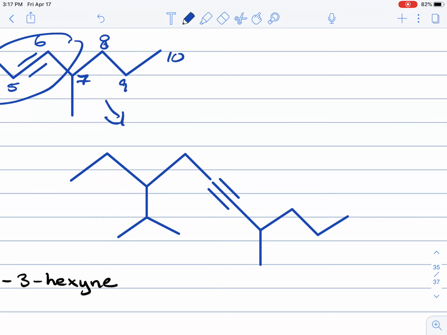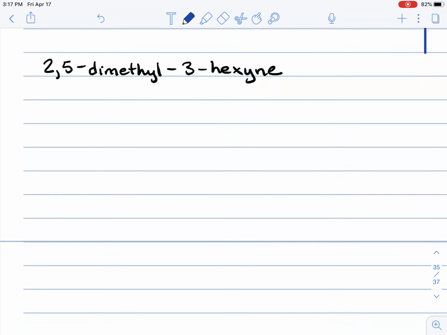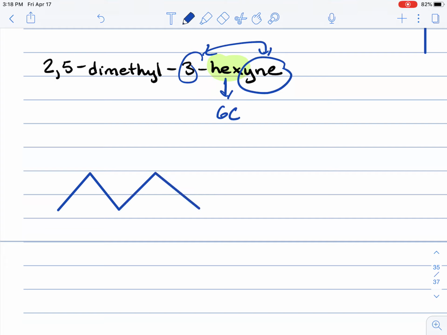All right. So let's go ahead and look at another example. So very similar to the first, we're going to decompose this. So we have hex. Hex is 6 carbons. And we have a yne, and it's on the 3rd position. So here we have 1, 2, 3, 4, 5, and 6.